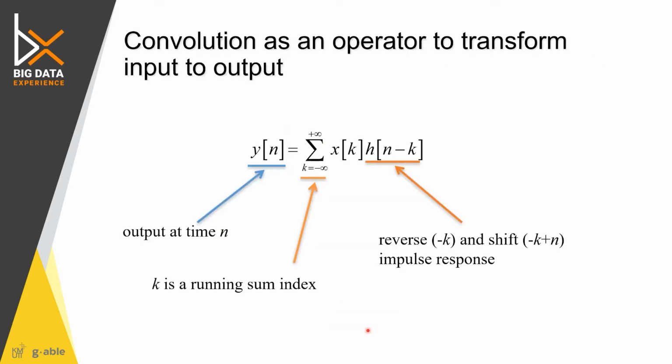In terms of computation in the time domain in one dimension, convolution works like this: you have to reverse the mask first and then shift it by n, and multiply this shifted version of the impulse response of the mask to the signal, right, for each point.